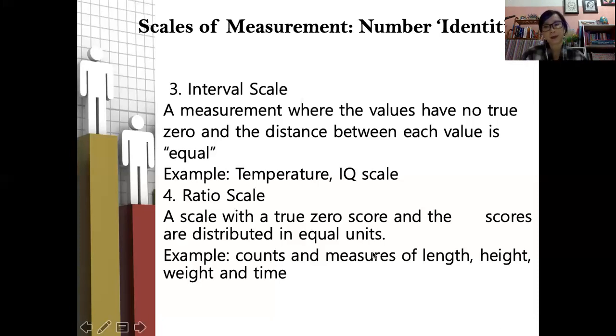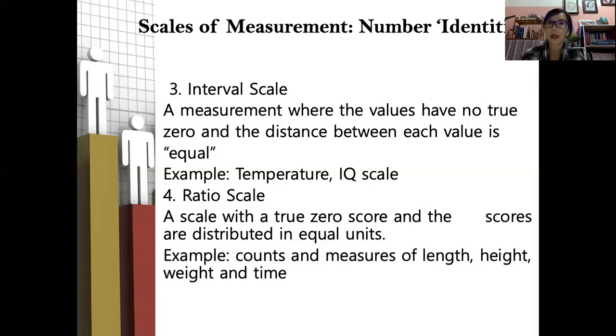As a researcher in the field of English language teaching, which of the scales of measurement are we going to use? Well, we might basically use all of them. It depends on your research questions and on your instruments. But when you use something like a speaking test, writing test, or reading test, then most likely you will have scores, right?